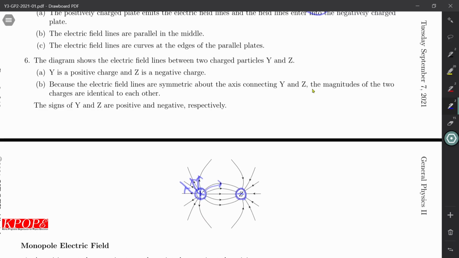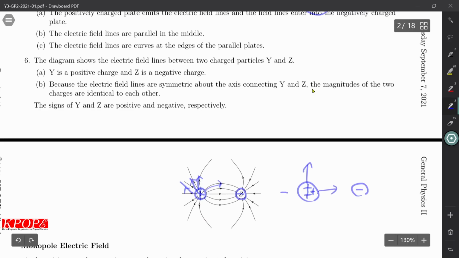this is not exactly true because, for example, if we have plus plus, they are not symmetric.